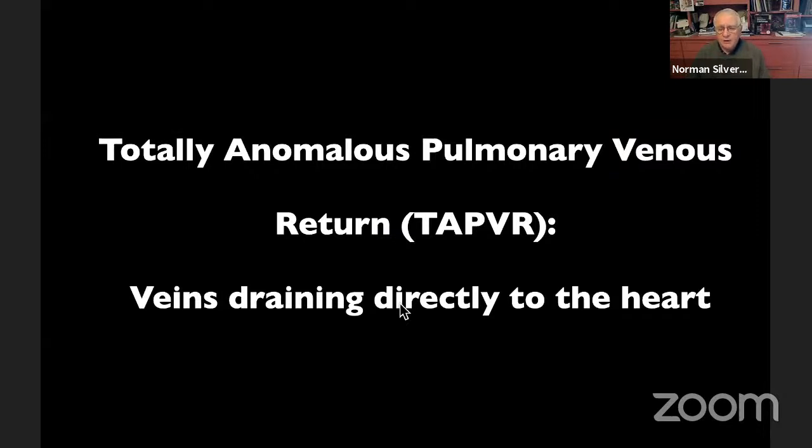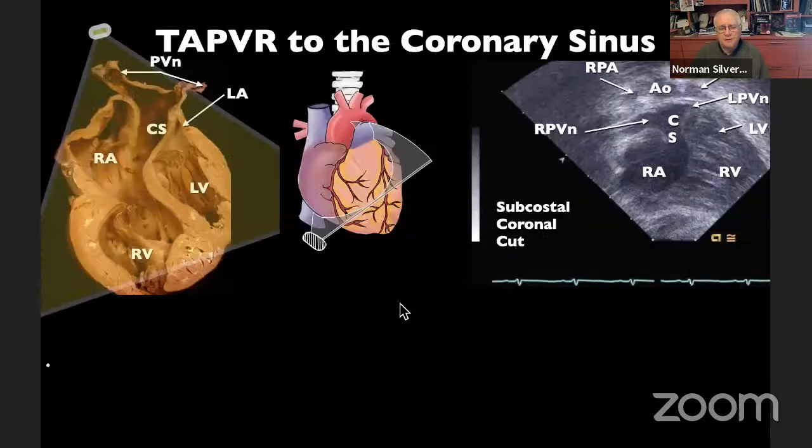Now, total anomalous venous return directly to the heart is the second type. And the commonest type is the veins that drain to the coronary sinus. And here are the pulmonary veins draining into the origin of the coronary sinus, which then travels through the left atrium, which is small to begin with, but it bulges into the atrium, making the left atrium extremely small.